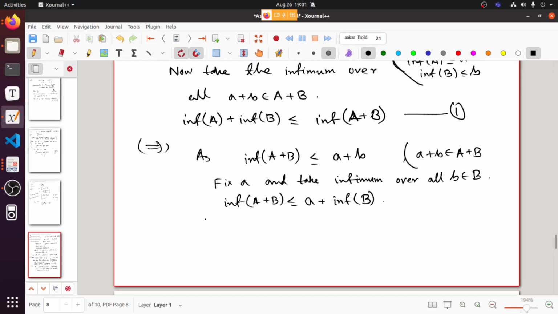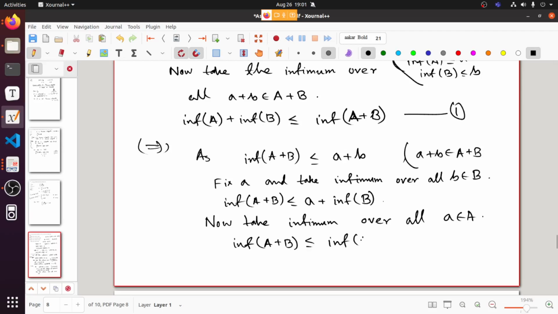Now what you will do? Now take infimum over all a belonging to A. Okay, now what you will get? Infimum of A plus B is less than infimum of A plus infimum of B. Okay, so we have proved the other inequality also.